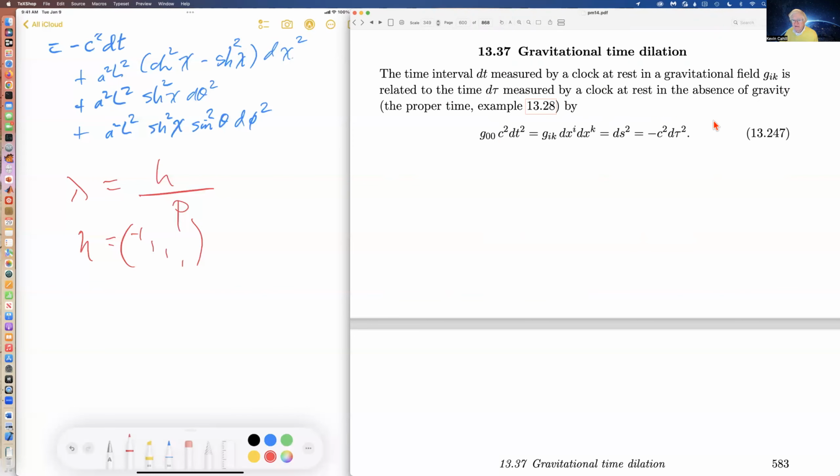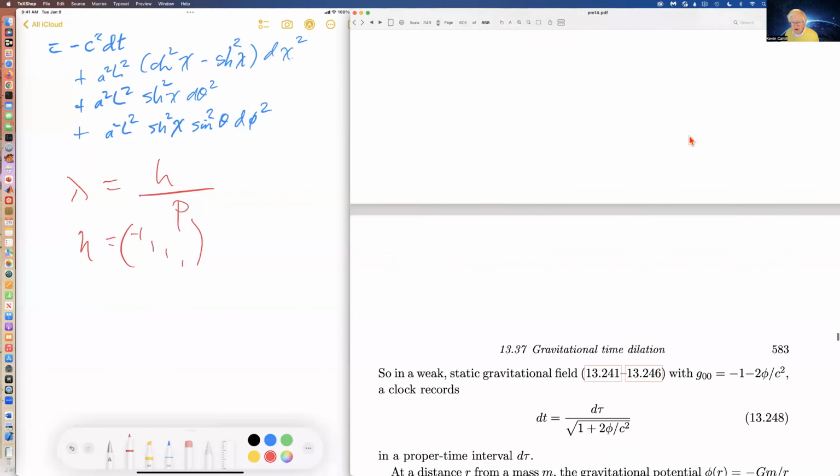So what we have then is g00 dt squared, which is the same thing as this sum because the dx is zero. So we can write it this way. That's ds squared, and that has to be minus c squared dτ squared.